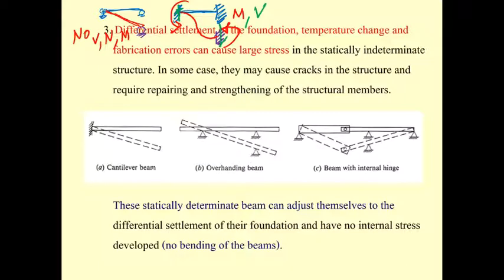If you have downward shear here, you're going to have the upward shear here. So the settlement of the foundation of the statically indeterminate structure is going to produce internal moment and internal forces acting on the structure. So you have to prevent the settlement of the statically indeterminate structure.